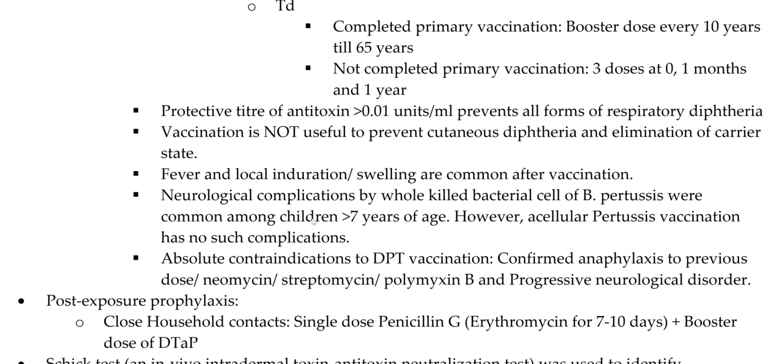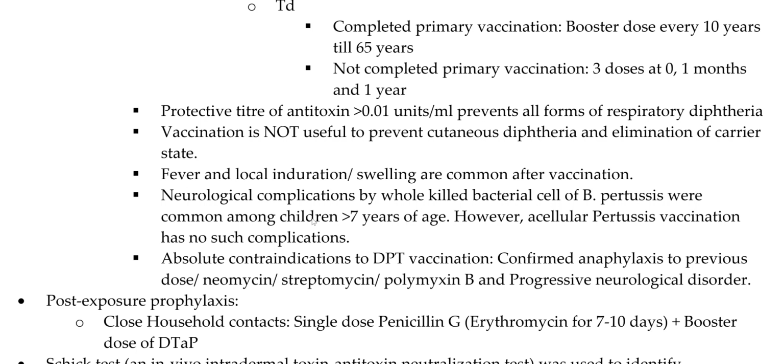Now, some people may develop fever and local induration and swelling at the injection site, which is very common after vaccination and nothing to worry about. Earlier, we were using whole killed bacterial cell of Bordetella pertussis, because it is a combined vaccine, DPT. This whole killed cell Bordetella pertussis was associated with neurological complications, mainly for children more than 7 years of age.